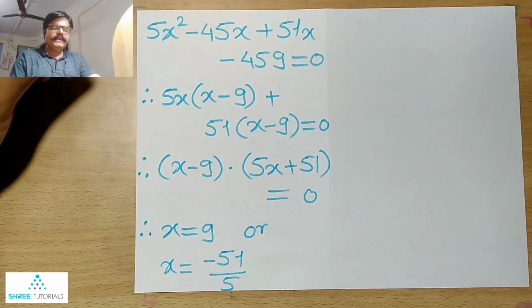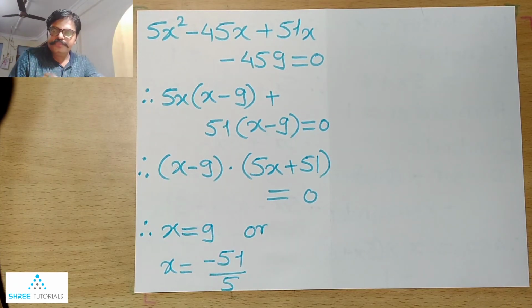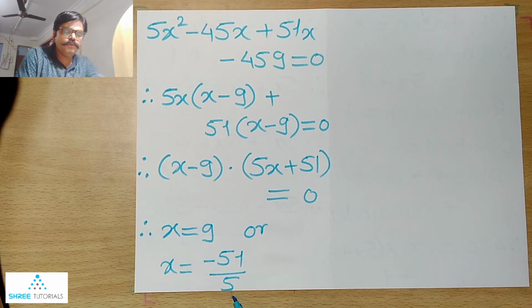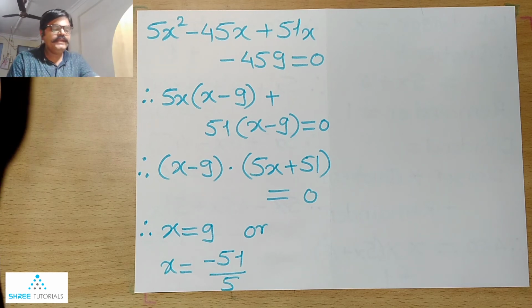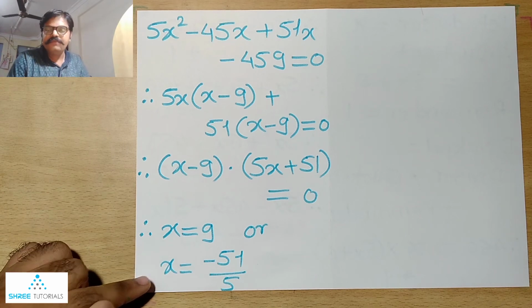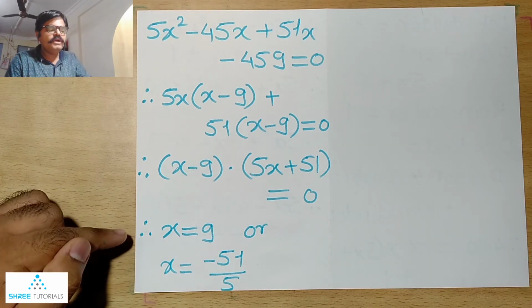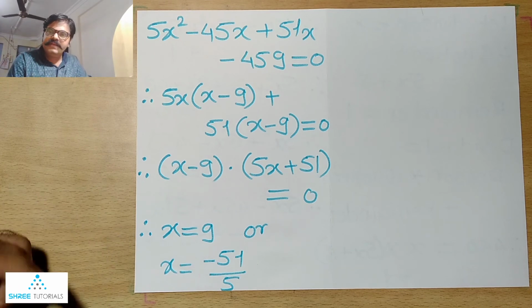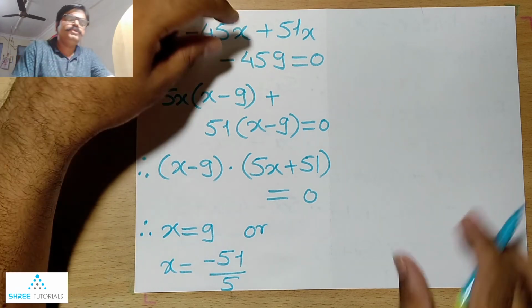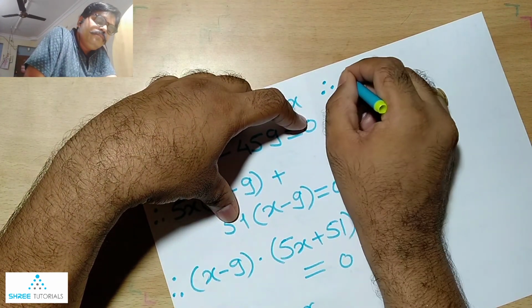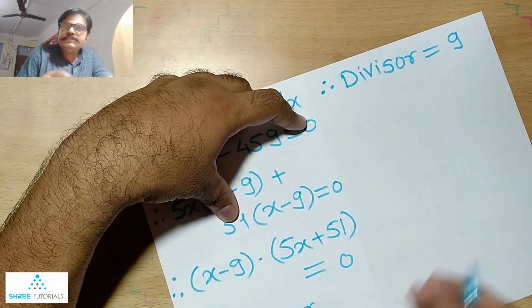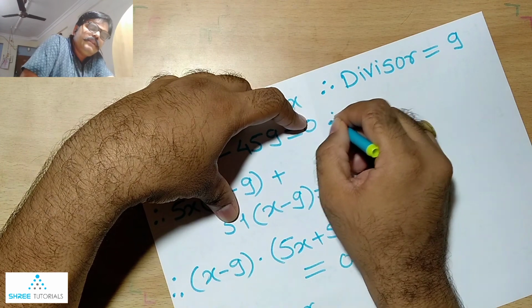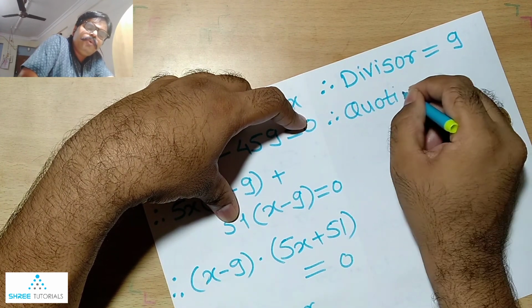These two values for x we have got so far, but friends, kindly note, of these two values, this value is not okay with us, it is not a natural number, and therefore we are going to stick with just one value of x. That means we will be ignoring this value, we will be rejecting this value of x. So therefore our x value, that means our divisor, is going to be simply x, so divisor will be equal to 9, and since we have got the divisor, based on that divisor we can calculate the quotient as well.